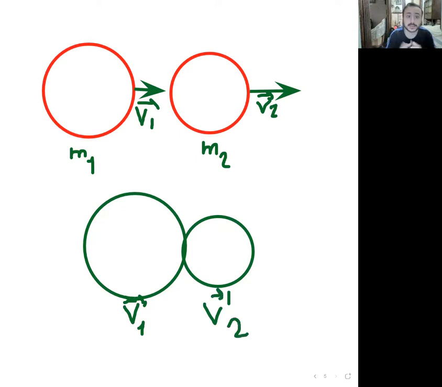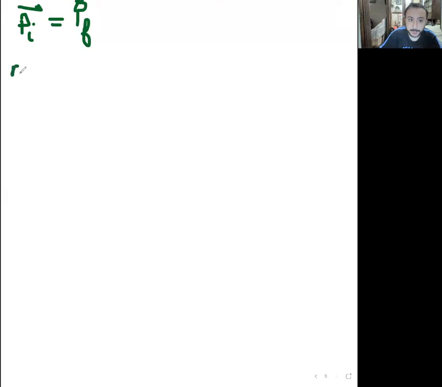But there's a conservation of linear momentum, which means that P initial is equal to P final with vectors. And then we can apply that. So it means that we can write m1 v1 plus m2 v2, okay?